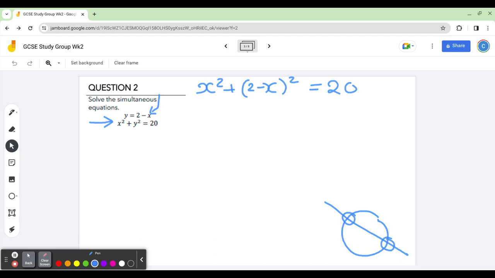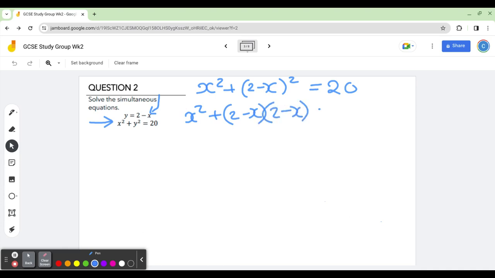Okay, let me quickly rub that little circle out and simplify this. So we have x squared plus, and I'm going to write this bracket twice. A lot of people often forget to do that, equals 20. So I get x squared plus 4, and I'm going to do this part in my head, minus 2x gives me minus 4x, and then I end up with plus x squared equals 20.